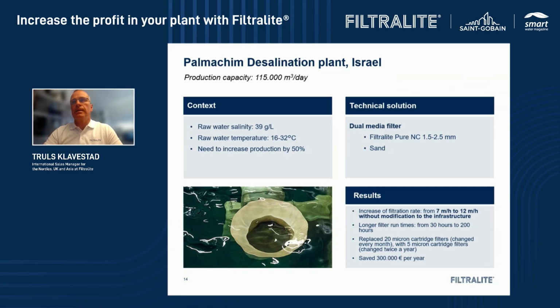So they took out the filter media they had and replaced it with Filtralite NC 1.5, 2.5. By doing that, they could increase the filtration rate from 7 to 12 meter per hour without doing any kind of modification. That is quite impressive when you go from 7 to 12.